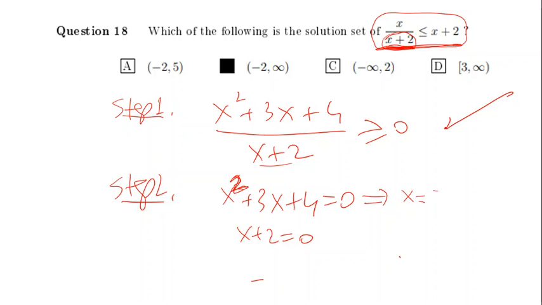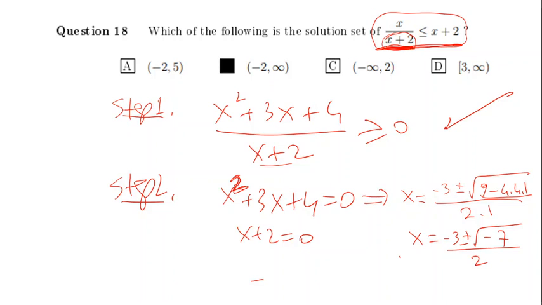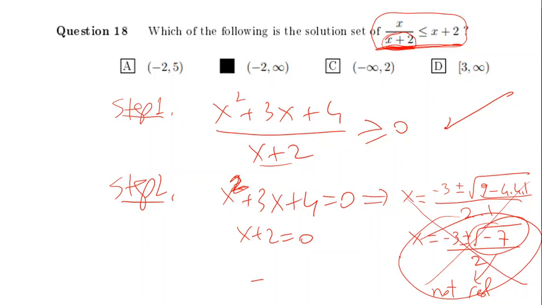The quadratic formula will say negative 3 plus minus the square root of b squared, which is 9, minus 4 times 4 times 1, which makes a negative number here. So this will be square root of negative 7 over 2. And as you see here, this is a non-real number. So this is complex. This is not a real root. So these are not real roots, but the only real root is coming from the denominator, which is negative 2.